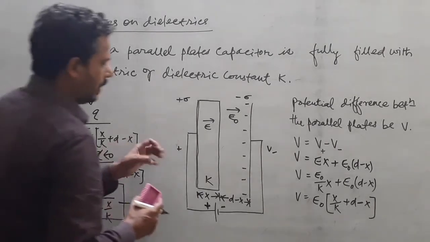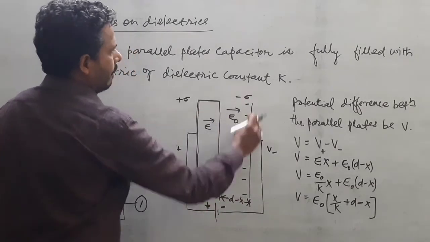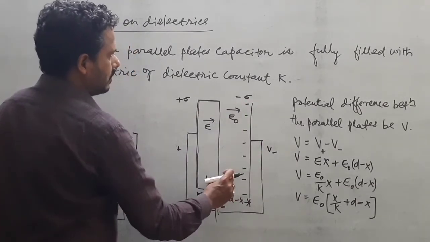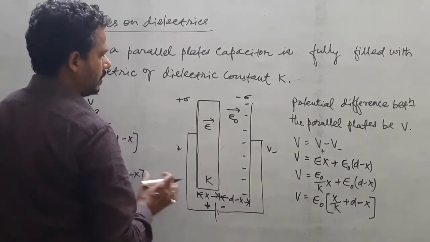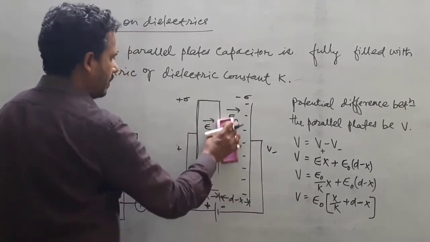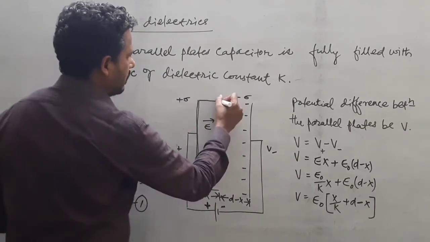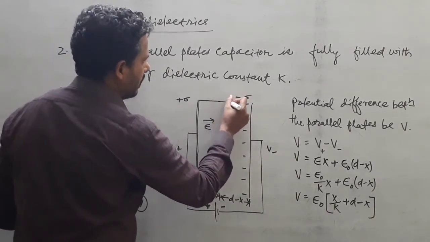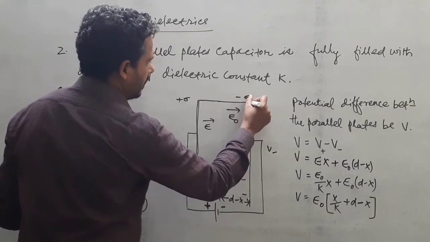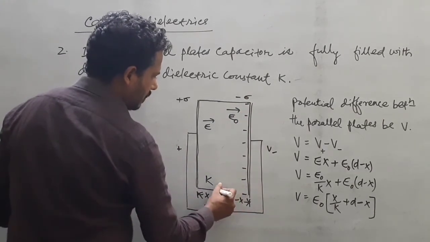So what you have to do is fully fill this capacitor using the dielectric. Very simple, you just remove this length from here, and this length goes ahead, and now it is fully packed with this dielectric.